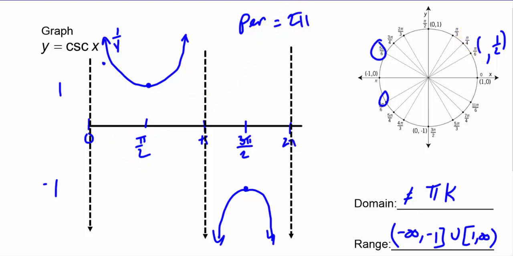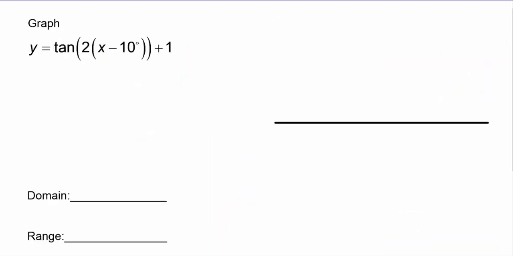So now that we have all these graphs, we're going to go ahead and do some translating. So I notice here I've got a tangent function, which means the period is equal to pi over k. And in this case, it's already factored for us. The k value is 2. So that's equal to pi over 2 is my period. Now, we're looking at where our period occurs. Let's go back to our tangent function real quick.